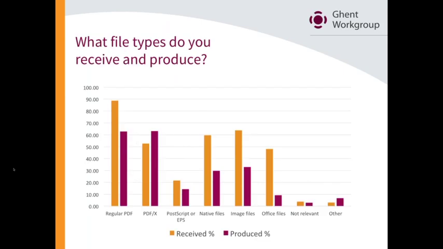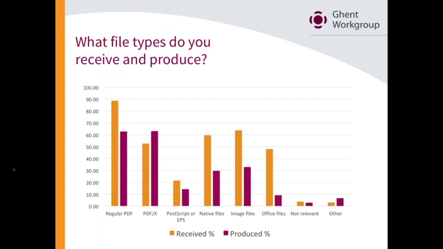Here are just a couple of samples of the information. We asked, what file types do you receive and produce? You can see we gave them options: regular PDF, PDFX, PostScript, native files, image files, Office files, and other types of files, and it's very interesting.